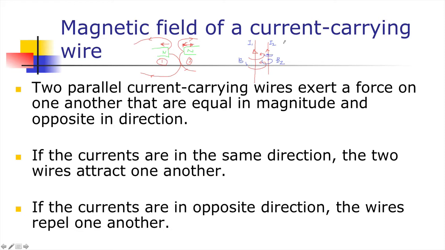The magnetic field created by wire 1 will influence the current carrying wire 2, and vice versa, the magnetic field of wire 2 will impact wire 1.